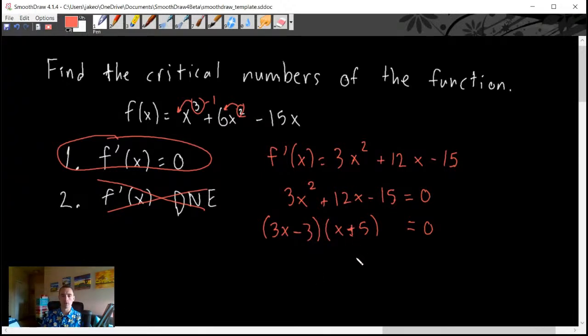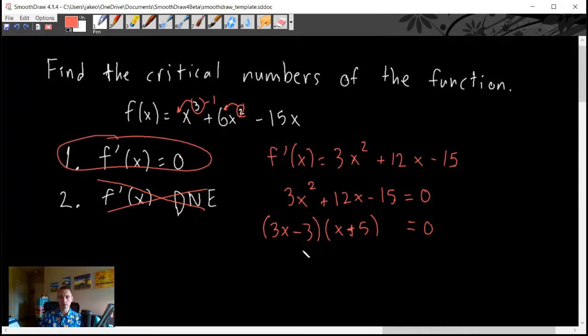That would be a topic for another video perhaps, but we can reverse confirm that this works by foiling this out. 3x times x gives us 3x squared, okay? And then 3x times 5 gives us plus 15x, minus 3 times x gives us minus 3x. So 15x minus 3x gives us 12x. And then finally, negative 3 times positive 5 gives us negative 15. So this factored version is equivalent to the foiled out version.